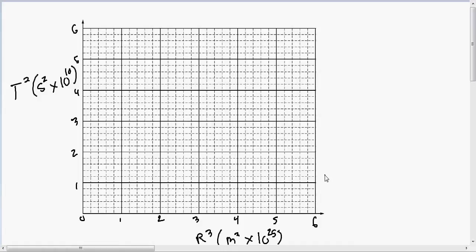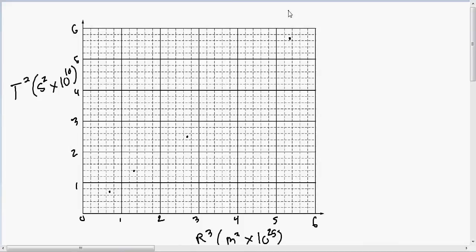So now we just need to plot our points from the data on the data table. So here, here, here, and all the way up here.